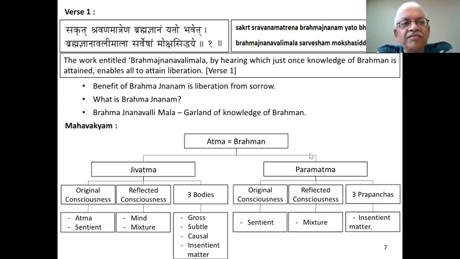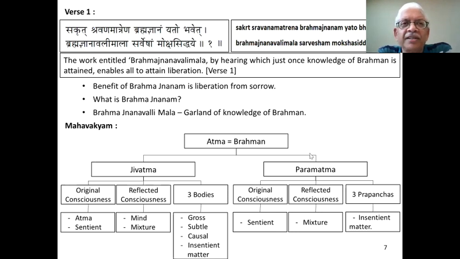Look at the confidence of the teacher. You see, he was teaching very great students like Sureshwaracharya, Totakacharya, Padmapadacharya. So he knew very well that just by teaching these 20 verses, they will understand the ultimate truth.